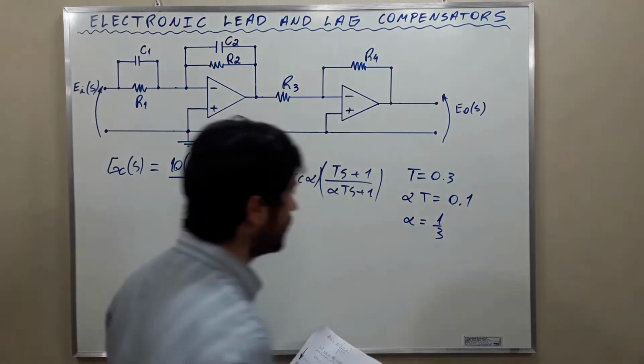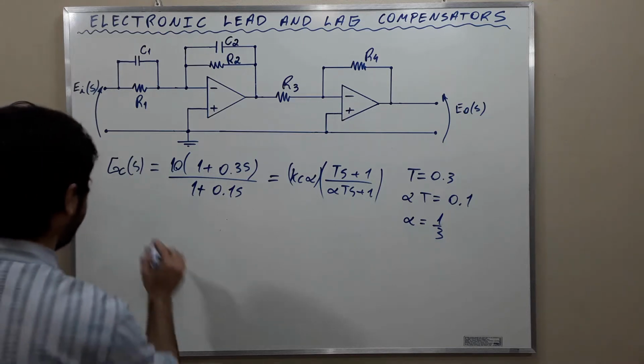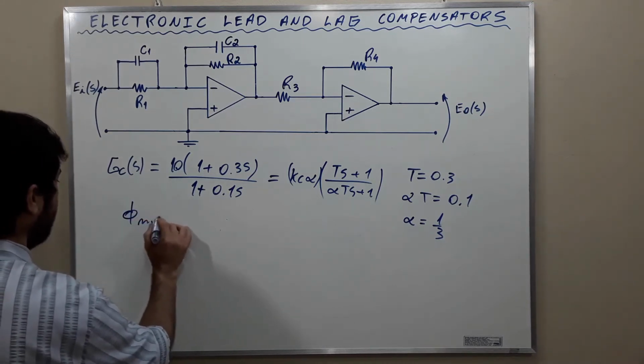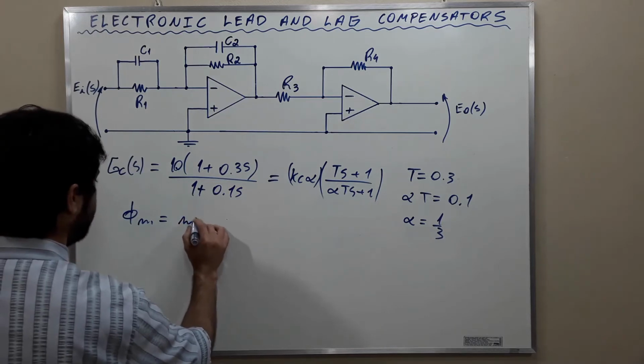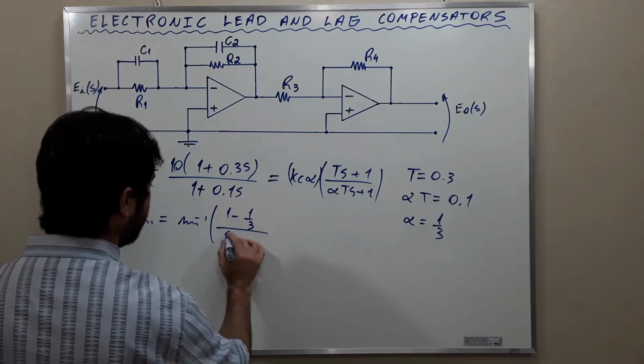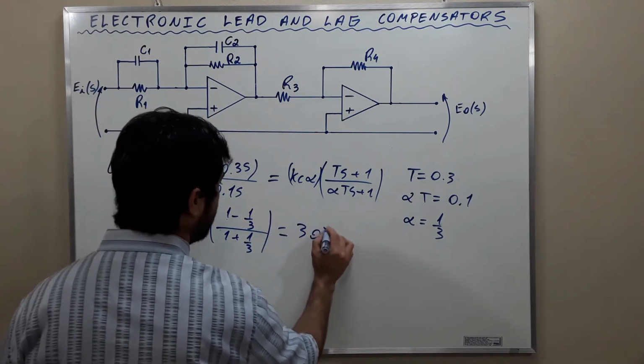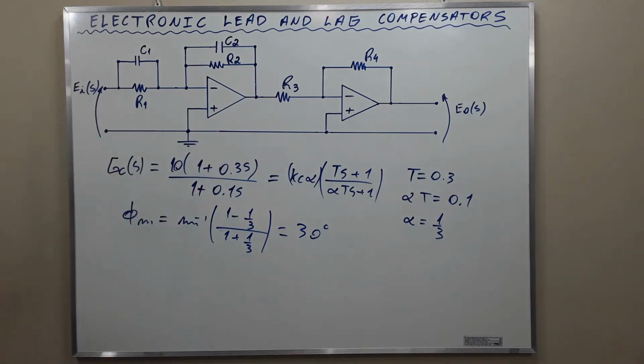a third. With this value of alpha, we can calculate the maximum phase shift, which is phi m equal to the inverse sine of (1 minus a third) divided by (1 plus a third), which is equal to 30 degrees. This is the maximum phase shift this lead compensator would provide.